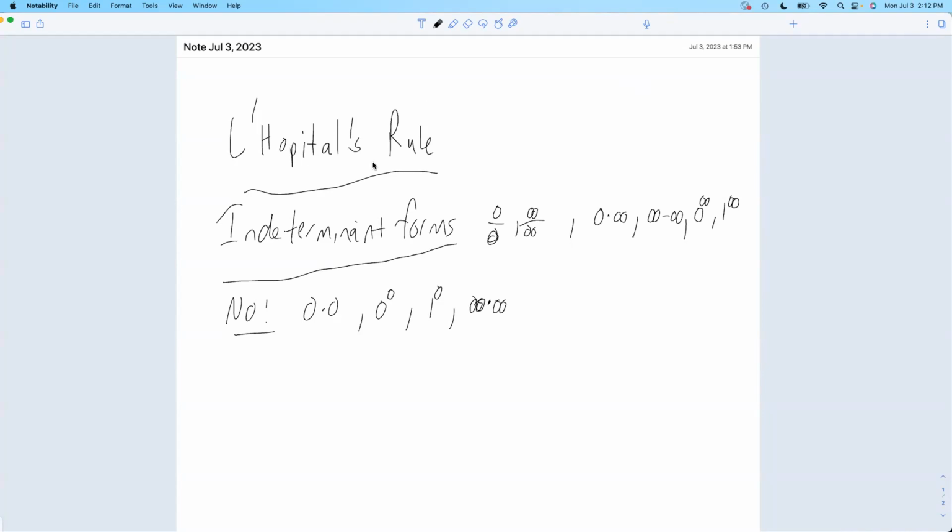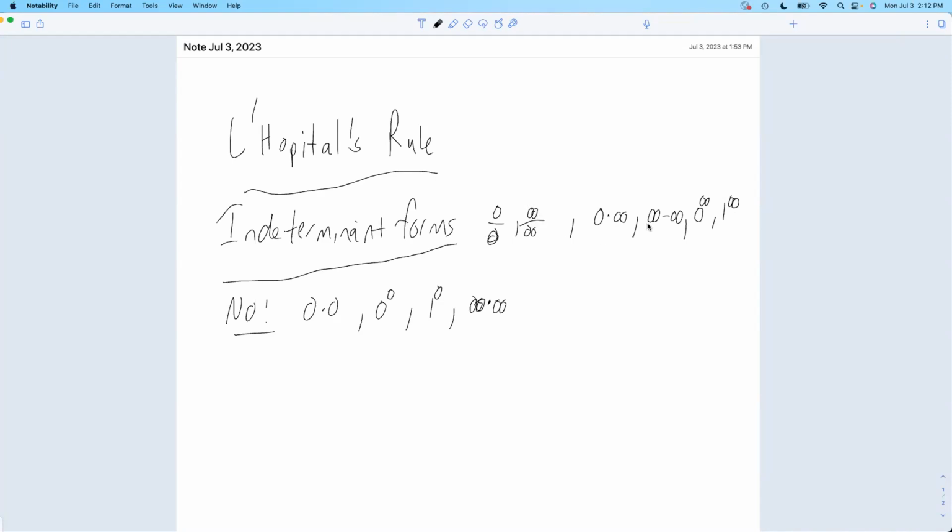And we can use L'Hopital's rule when we have these indeterminate forms, 0 over 0 or infinity over infinity. Now, sometimes we can turn these guys into these guys. If we have 0 times infinity, there are ways I could turn that into 0 over 0 or infinity over infinity.